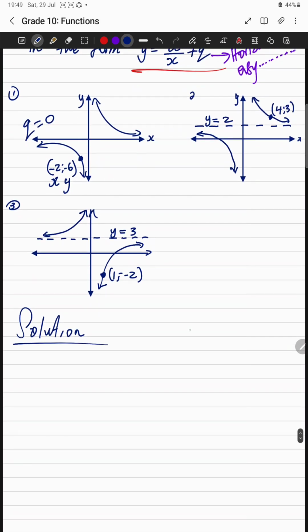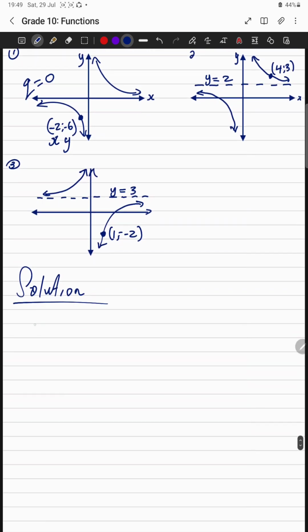In the first part, we want to determine the equation, a over x plus q, and we simply say q must be equal to 0 because there is no horizontal dotted line. There is no horizontal asymptote. In fact, it is 0.